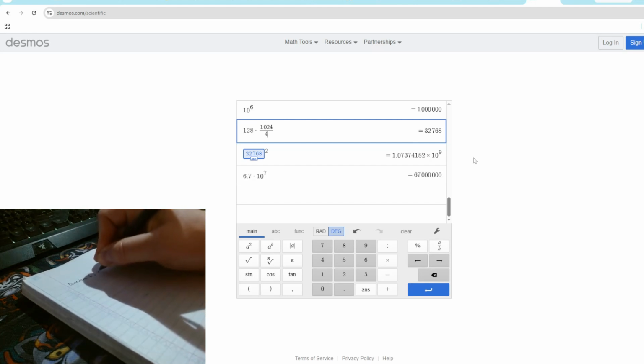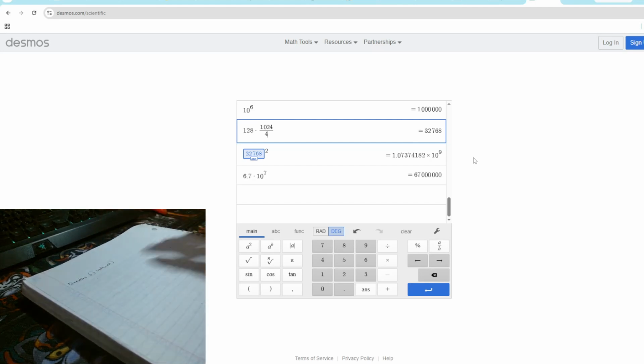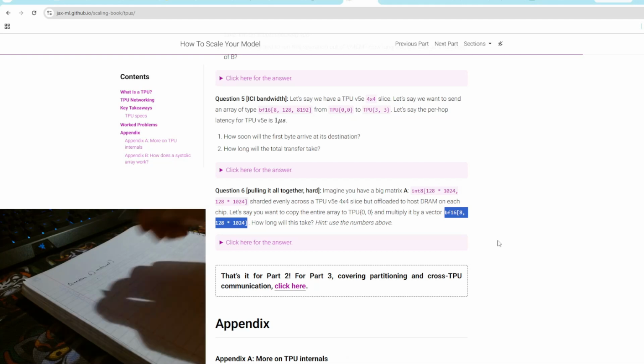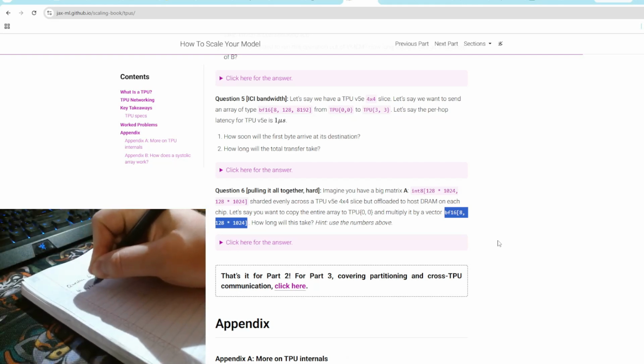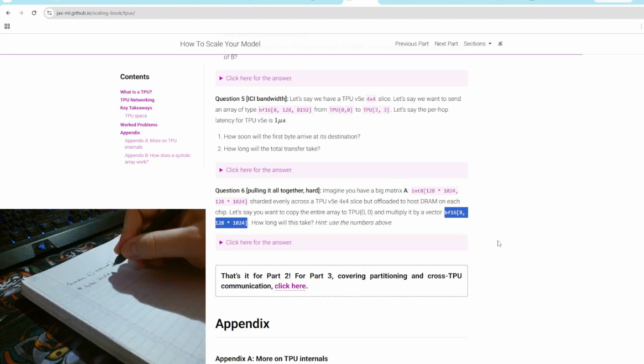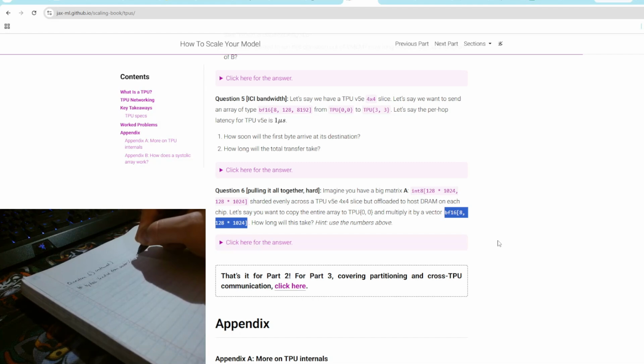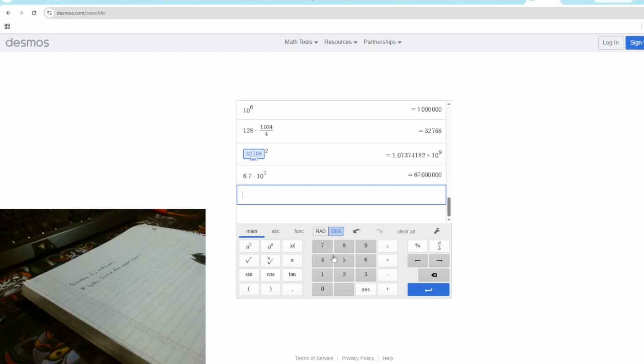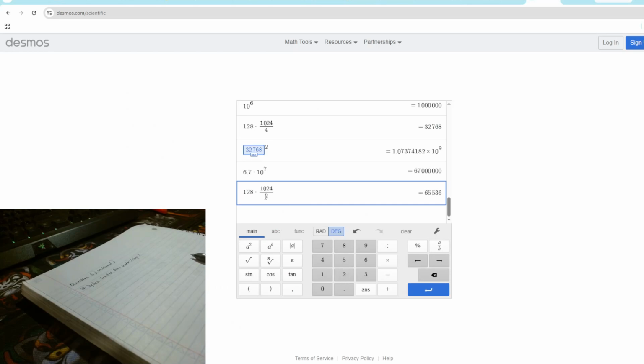Question 6, continued. Let's go back. So number of bytes loaded from vector per chip equals 2. So it's 128 times 1024 divided by 2 because we have that other factor of 2, and this is really divided by 4, cancel out.